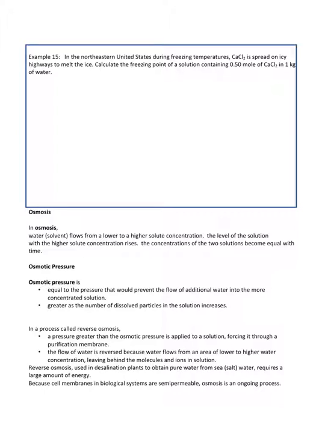Okay, so let's try an example of this. Now, in order to solve these problems, there are 2 values that are in your book that you will need to know. The first is that for every mole of particles, whether we're talking ions or molecules, the boiling point is increased by 0.51 degrees Celsius per 1 mole.